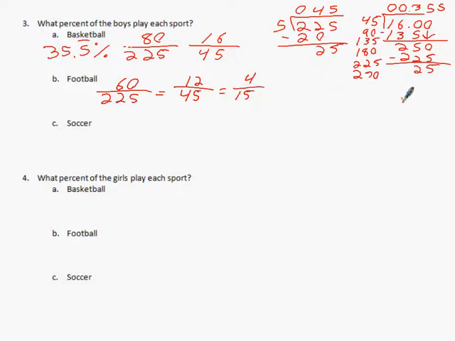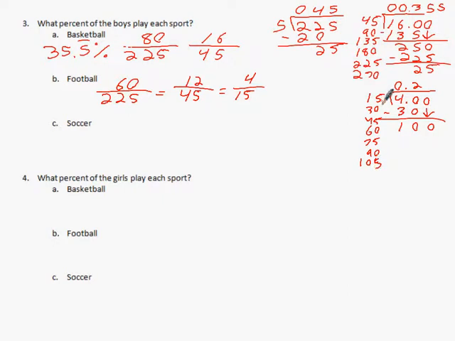So, once again, 4 divided by 15. It does not go into 4, goes into 40 twice, which is 30. Subtract, I get 1, 0. Bring down a 0. Well, 15, 30, 45, 60, 75, 90, 105.